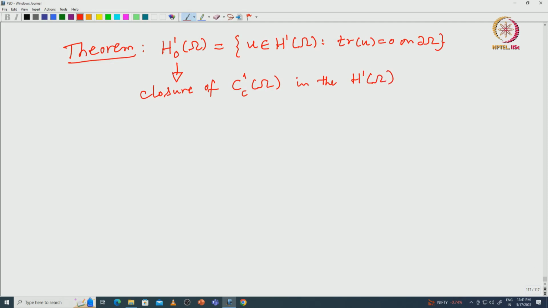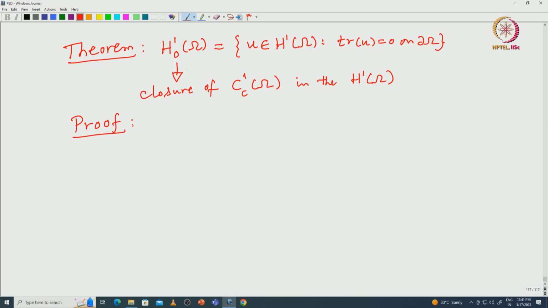Okay. So, I remark that this proof is somewhat very technical. Okay. So, I will try to sketch it. Okay. So, this proof, let me begin with.